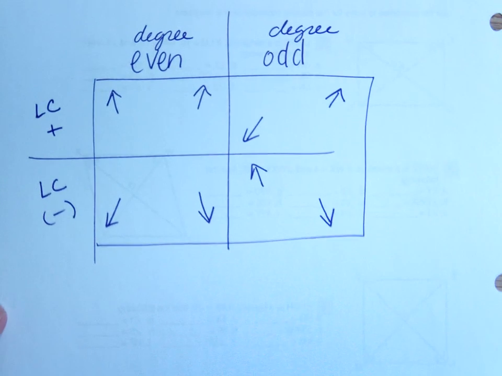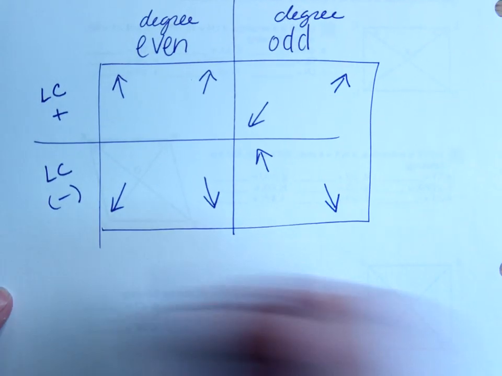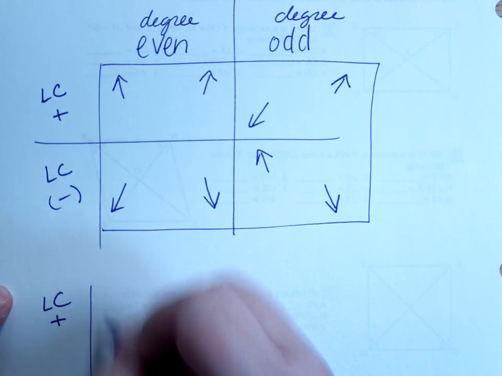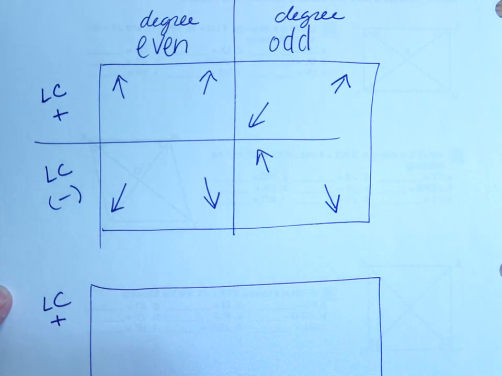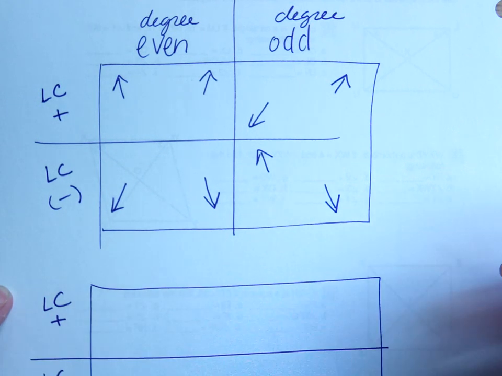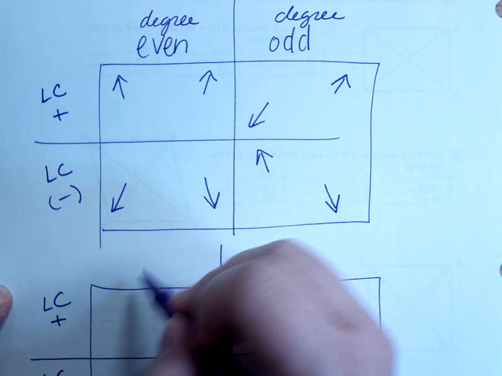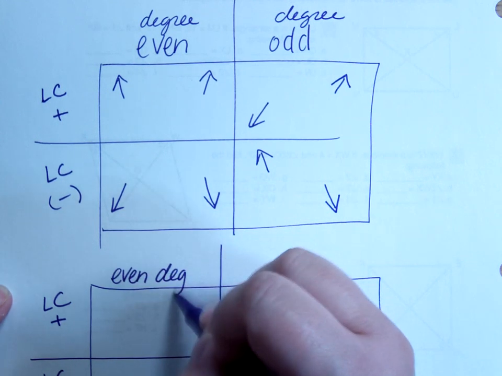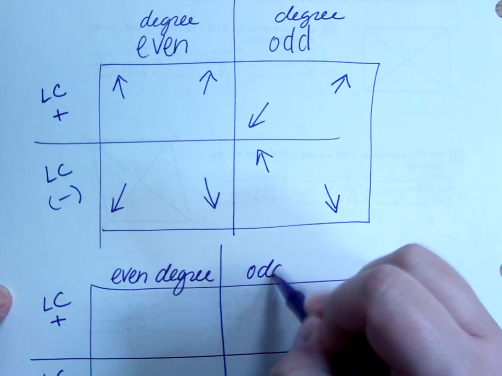So I'm going to rewrite this chart. My leading coefficient is positive. Leading coefficient is negative. Even degree, odd degree.